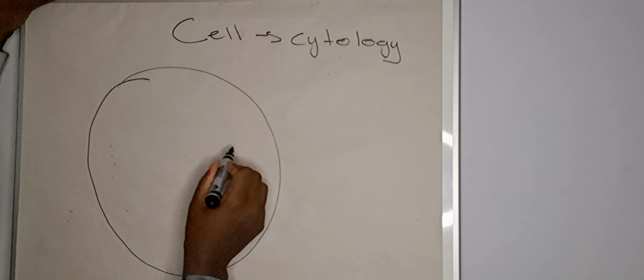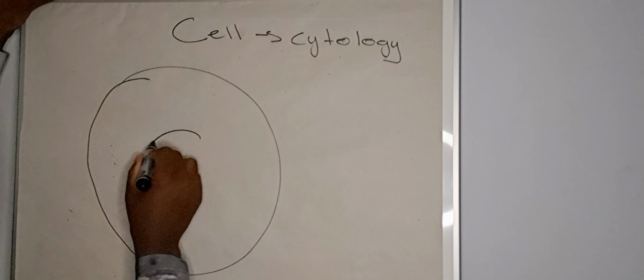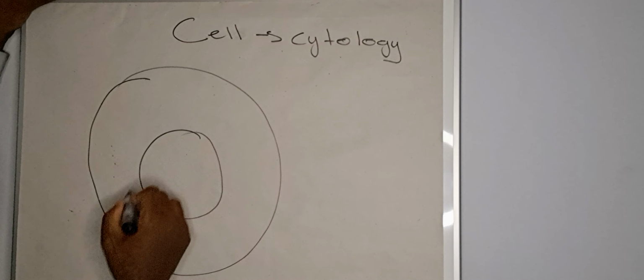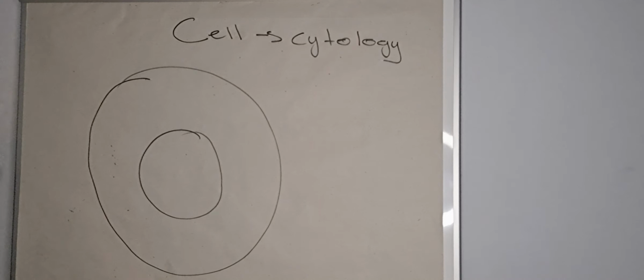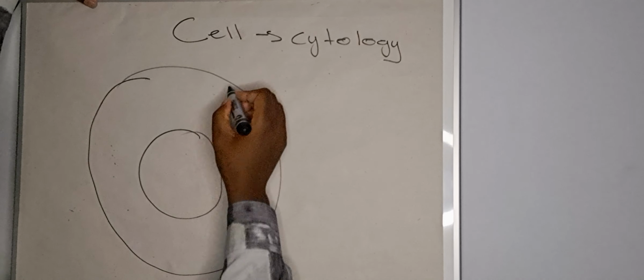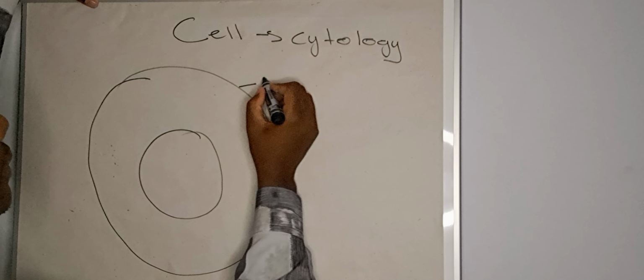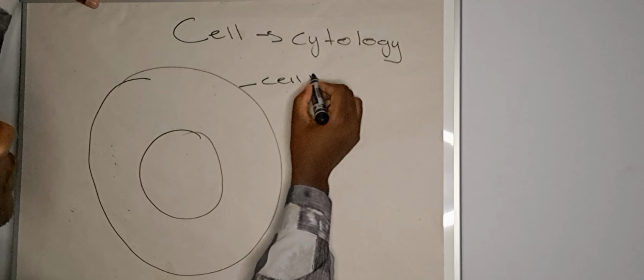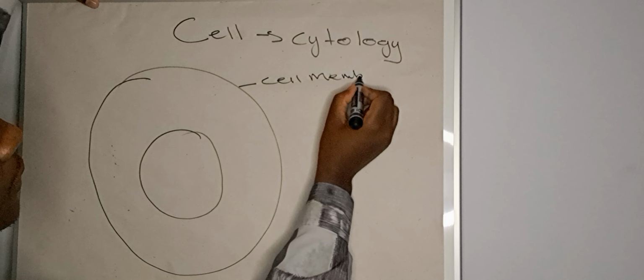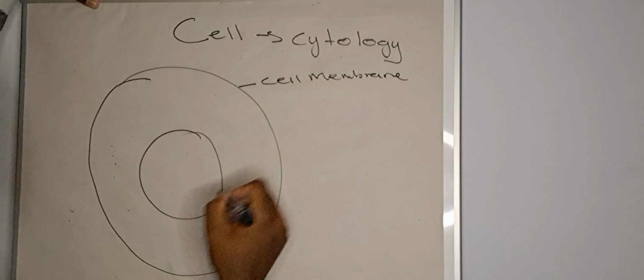This is a cell membrane. This is a nuclear membrane. So let's start labeling this cell very quickly. This is a cell membrane.